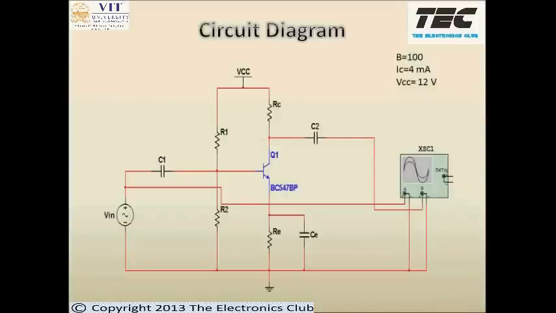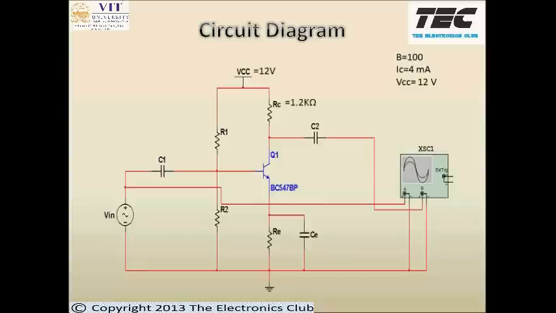This is the circuit diagram for our common emitter amplifier. The initial specifications taken are beta equal to 100, collector current equal to 4 milliamps, VCC equal to 12 volt, and the transistor taken is BC547 BP.